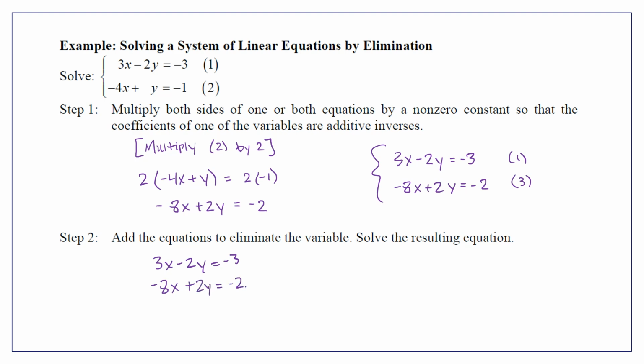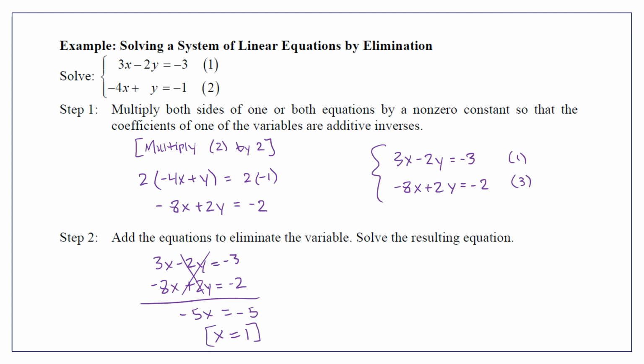So 3 minus 8 is going to be negative 5. Then negative 2y plus 2y, that's 0, so they cancel out. And then negative 3 minus 2 is negative 5. This gets me x equals 1.